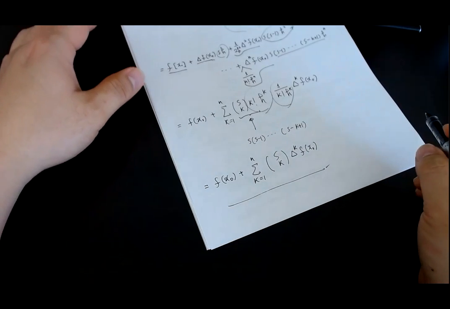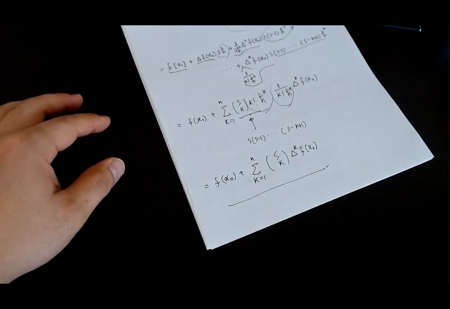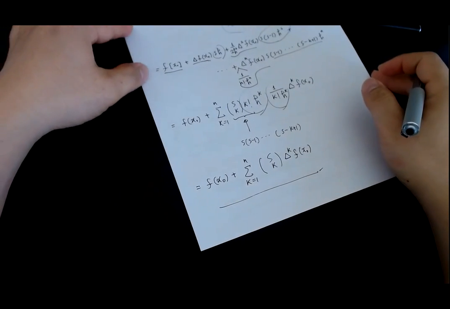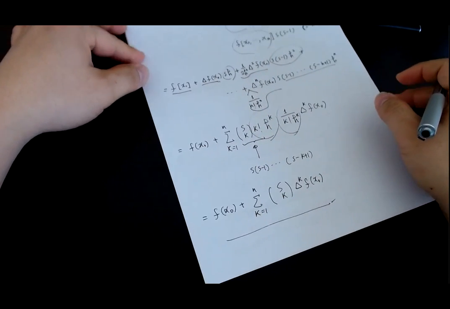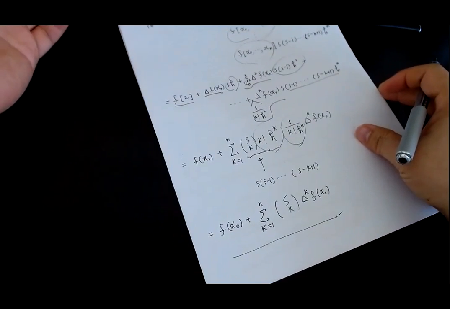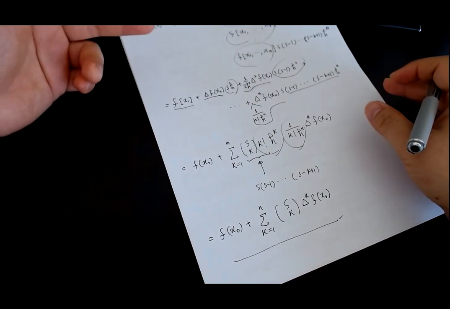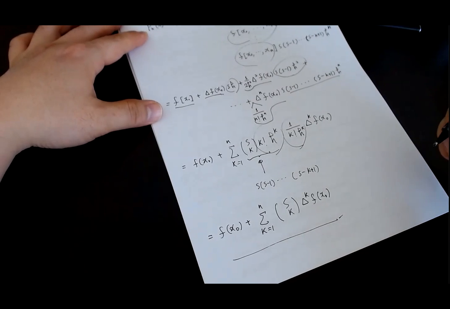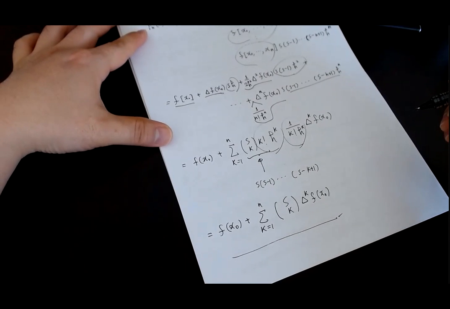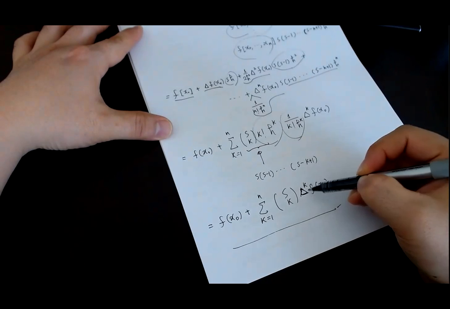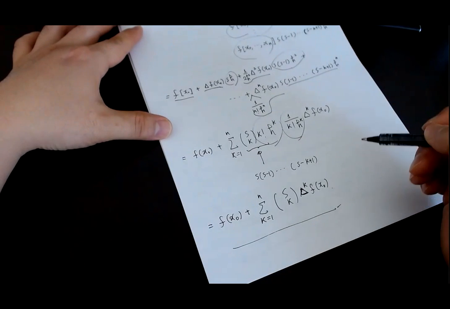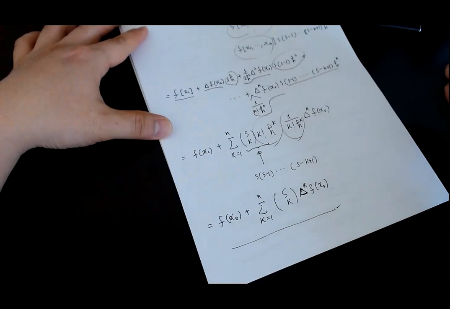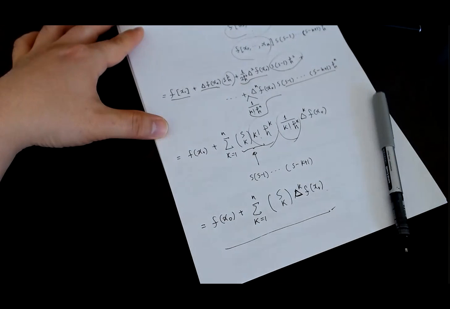So this is an alternative algebraic expression of the nth degree Lagrange polynomial using Newton's forward difference formula. Okay, so that nabla f of x0, that's Newton's forward difference formula. Okay, so now next one.